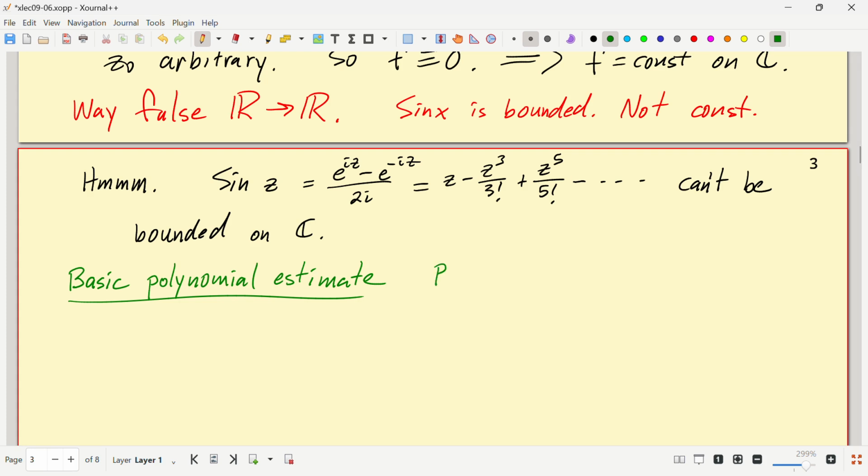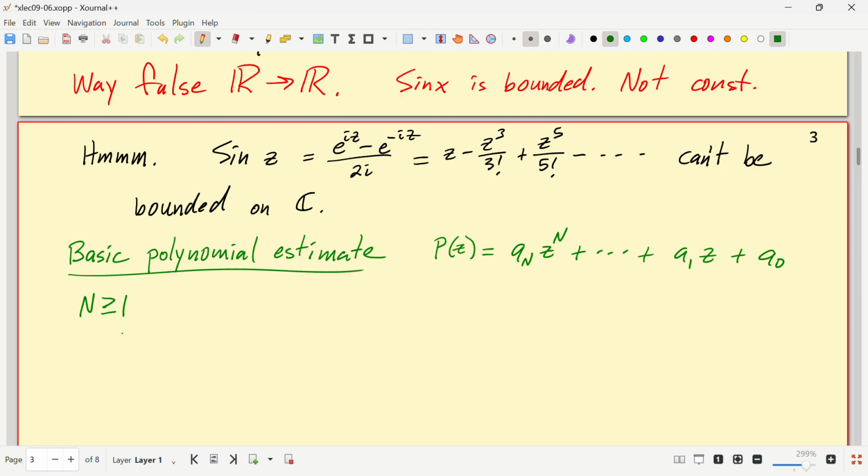So I'll have a complex polynomial, p of z equals a_n z to the n plus etc. down to a_1 z plus a_0. That's a complex polynomial of degree n bigger than or equal to 1. The constant case we're not thinking about. And for it to be degree n means that the a_n term is not 0.